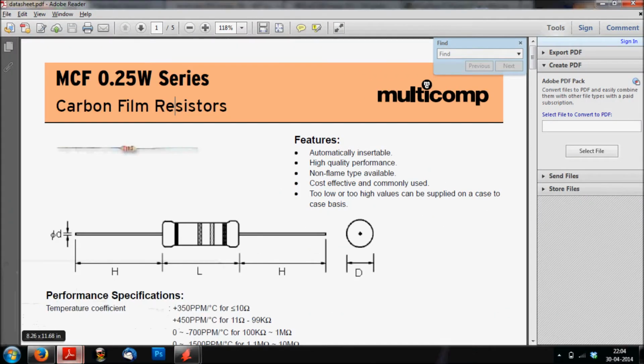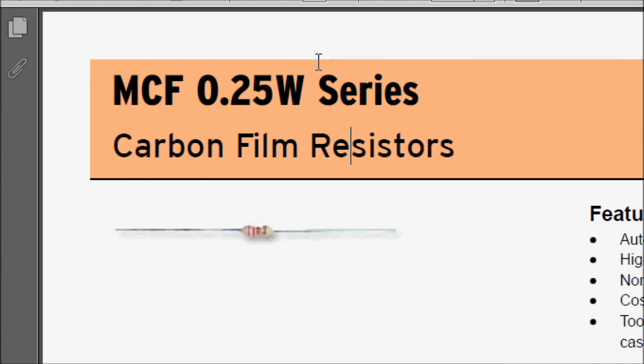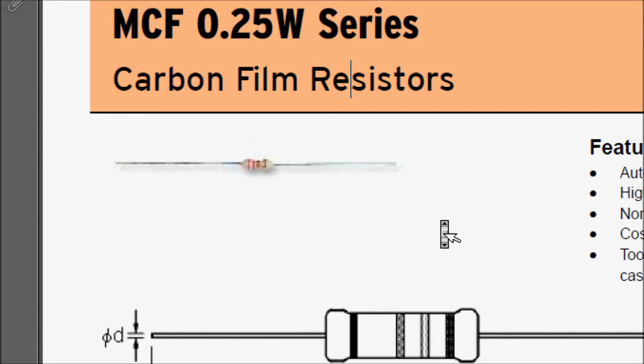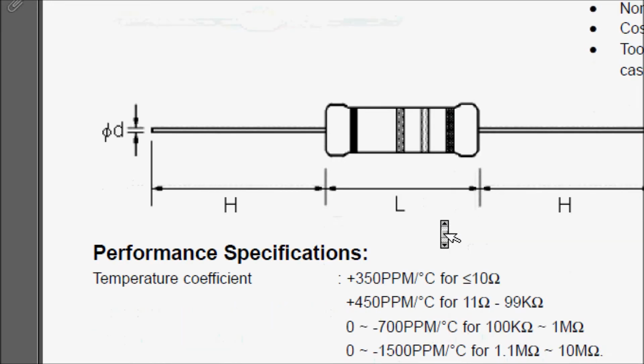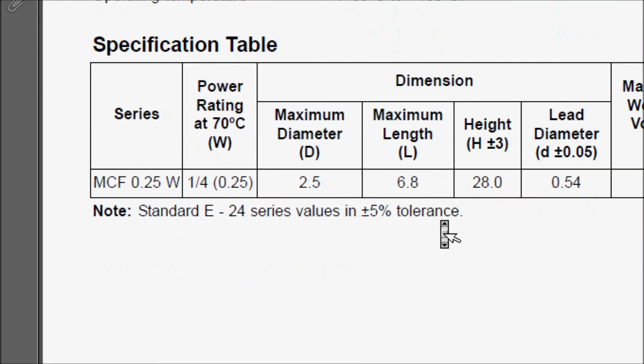Now let me open up the data sheet of a quarter watt resistor. As you can see from the dimensions over here, the diameter is 2.5 millimeters, approximately 2 mm, and the length is 6.8 millimeters, approximately 7 mm.